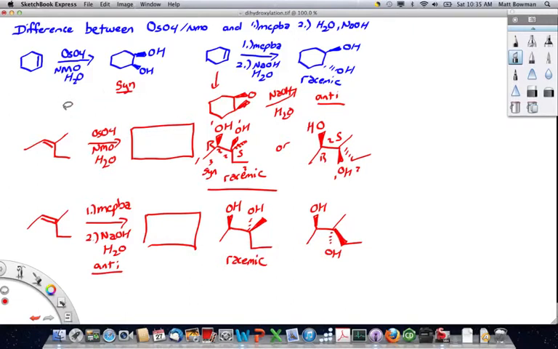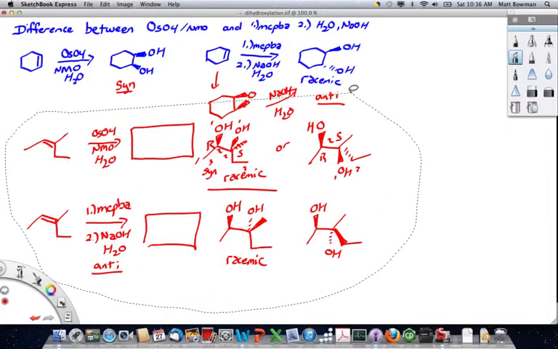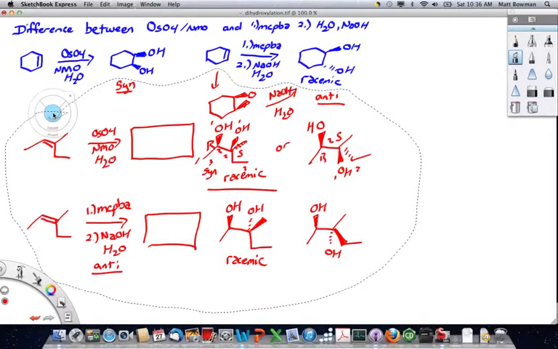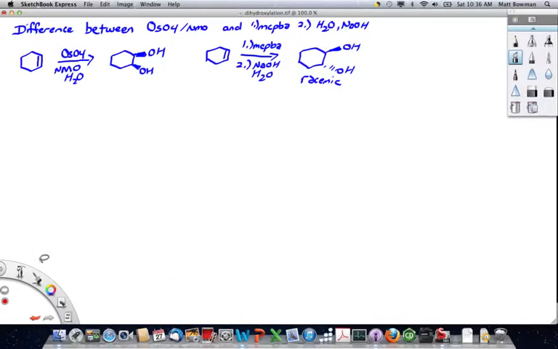One type of problem. Second type of problem that you might be asked to solve is I give you a starting alkene. And the product is a diol.